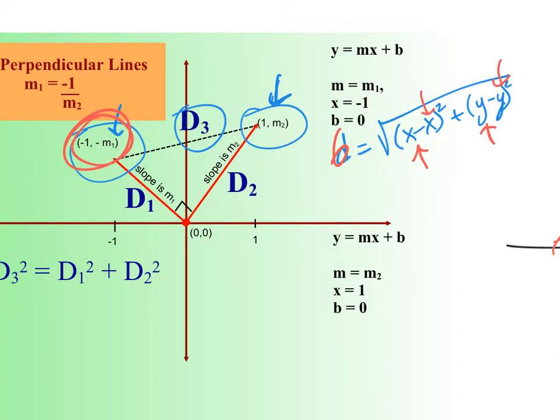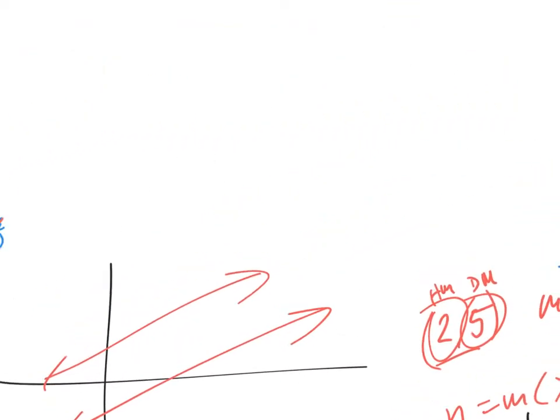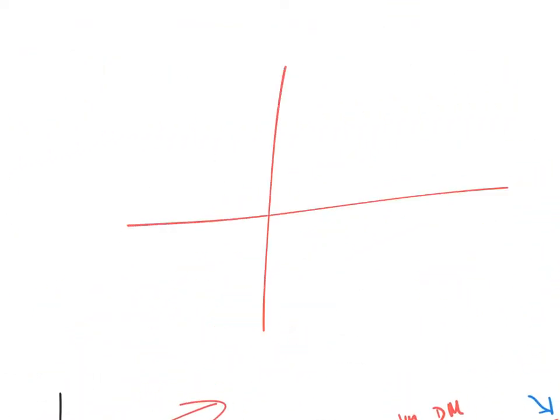Do you remember the question on the homework the other day where it said you have a line, y equals 2x, and they wanted you to say, okay, from this point over here, what are the things that are 4 units away?